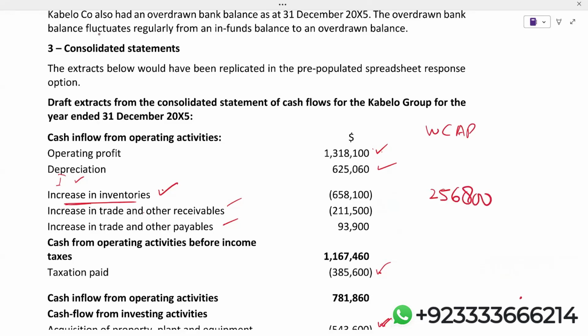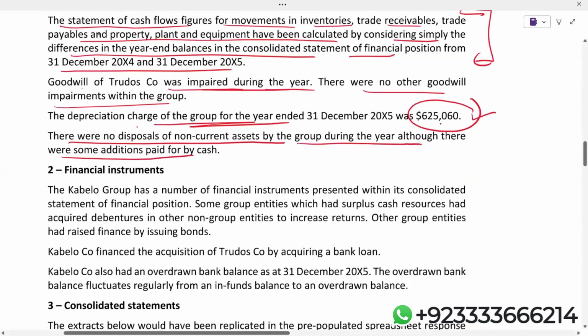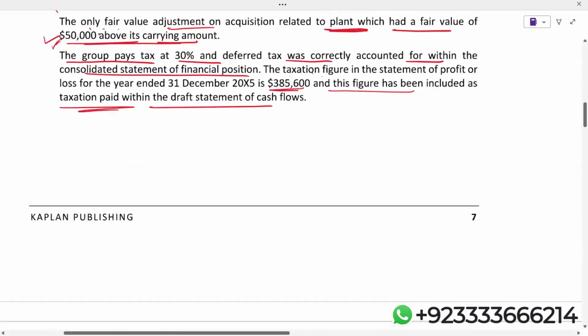Logically, this 2,56,800 will reduce your closing balance of the inventory. Then what will be your revised balance? The revised balance will be 6,58,100 minus 2,56,800, which is 4,13,000 in round terms. Your revised balance will be 4,13,000.